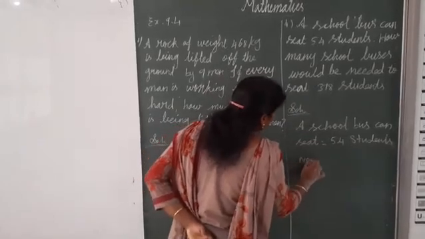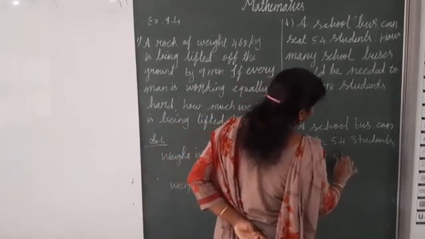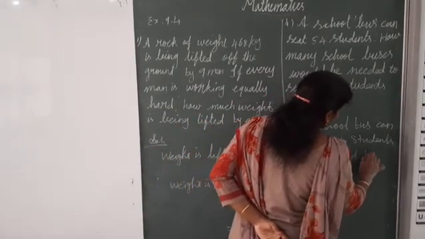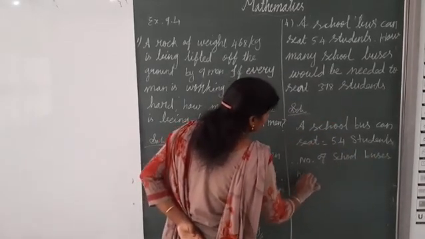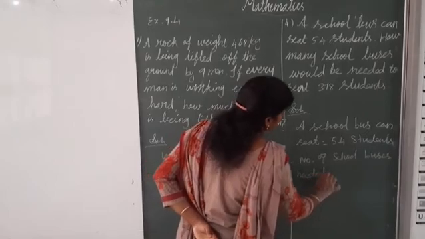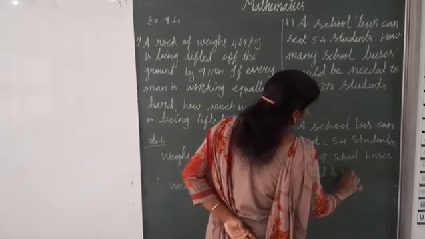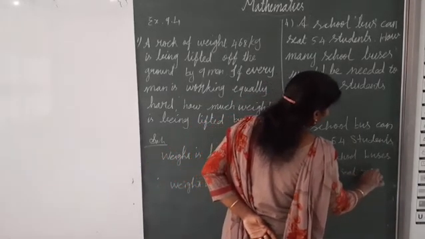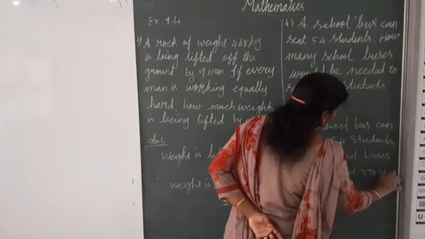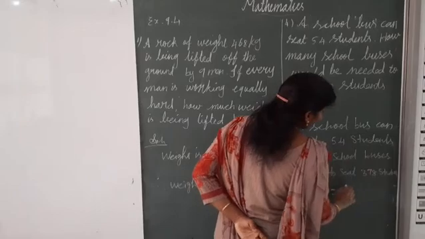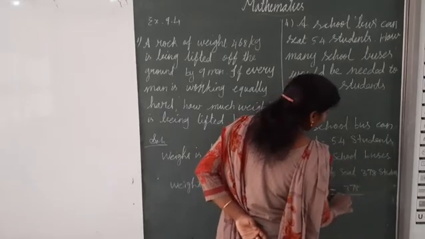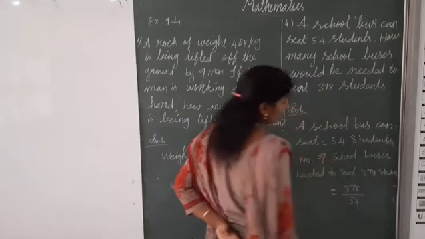Therefore, the number of school buses needed to seat 378 students is equal to, now we can divide 378 by 54.